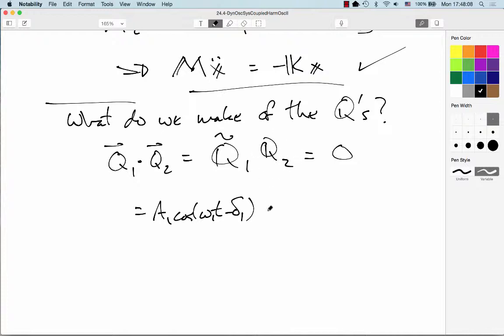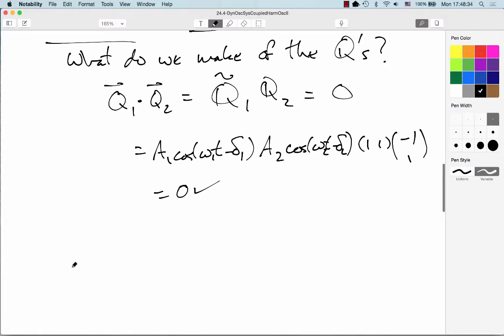And then this gave me an A2 cosine(omega 2 t minus delta 2). Okay, the row vector we'll get from this guy is 1, 1. The column vector we'll get from this guy is minus 1, 1. Okay, well let's multiply these together. Minus 1 plus 1, 0.